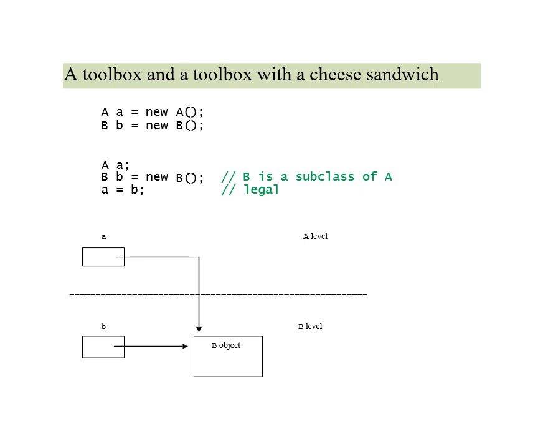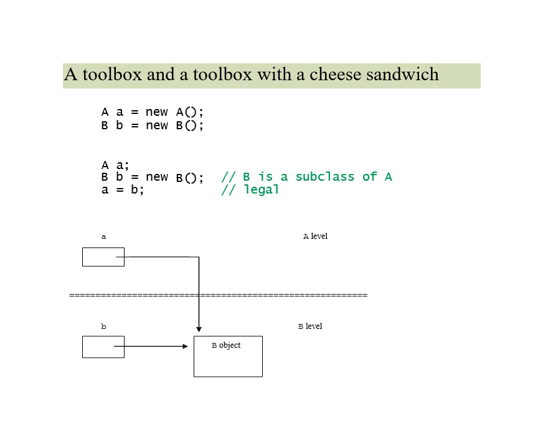So it's perfectly legal for that A pointer, even though its type isn't capital B, it's capital A, to point down to that B object. The B object is like a toolbox with a cheese sandwich. A is supposed to point to toolboxes, and so it's perfectly okay for a to point to a B object because it's a toolbox. It just has something extra in it. It has a cheese sandwich.